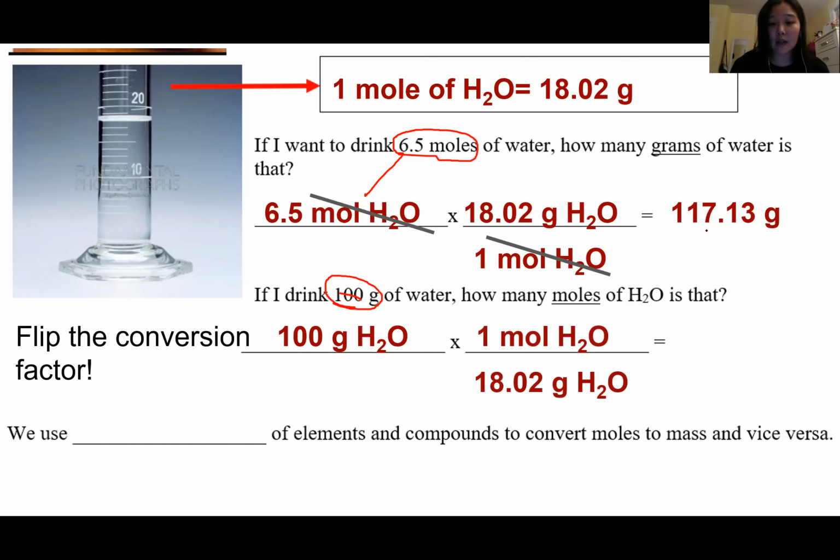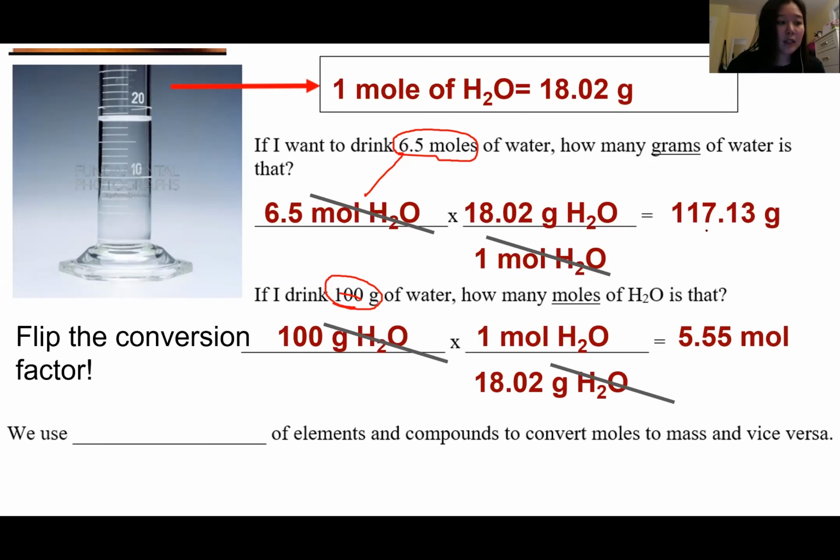You see what I did there? Because I want to cancel the grams, I put the grams on the bottom and mole on top, right? Now this becomes a division problem. On your calculator, you would put 100 divided by 18.02, and you should get 5.55 moles.